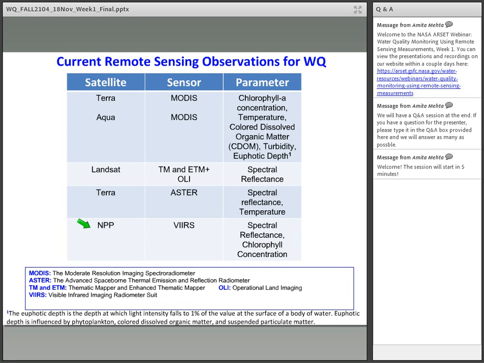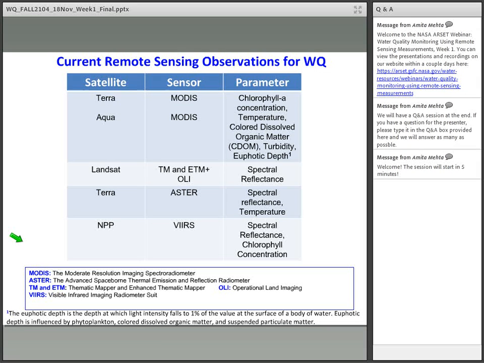NPP was launched in 2011, October of 2011. So this VIIRS mission will continue for a number of years and extend observations available from MODIS. Similar spectral bands are used in VIIRS as well, and spectral reflectance and chlorophyll concentration are currently available from VIIRS.